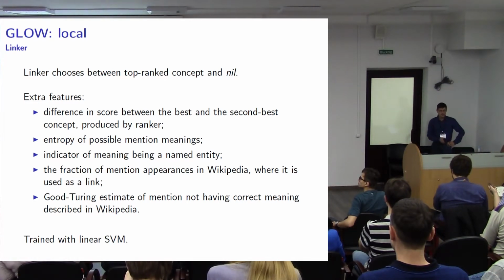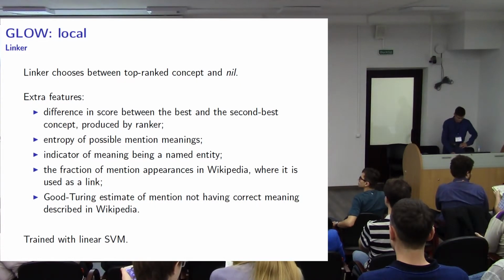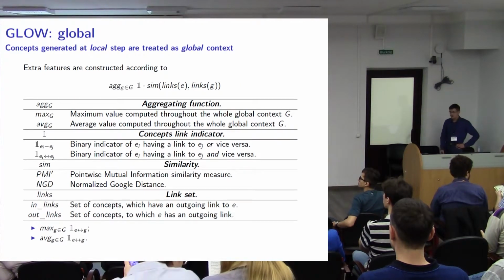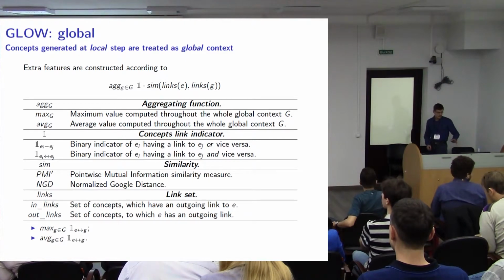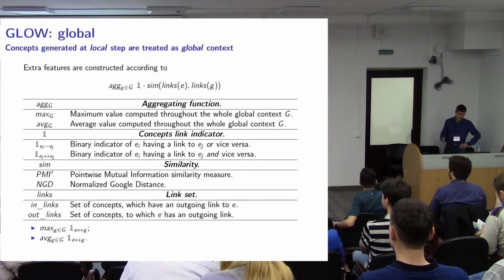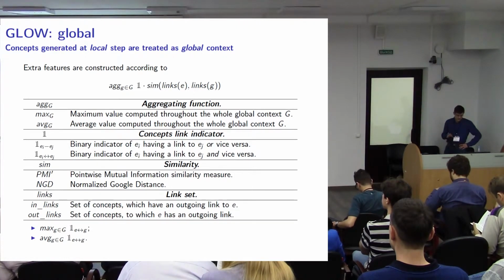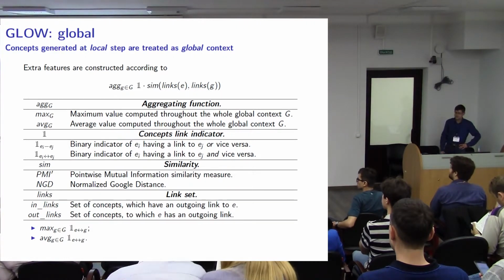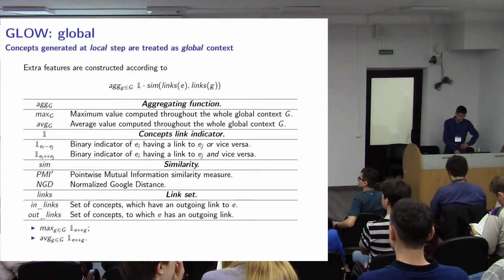Thus, we use a linker, which is a binary classifier. After that, we can use local context, and we can collect all the concepts and use them as global context. This slide illustrates how we can compute features with global context.